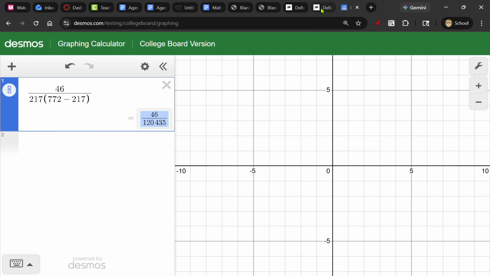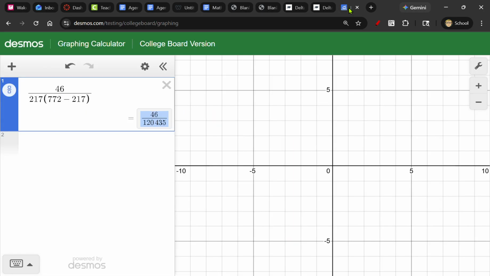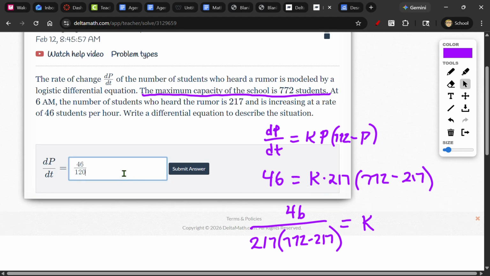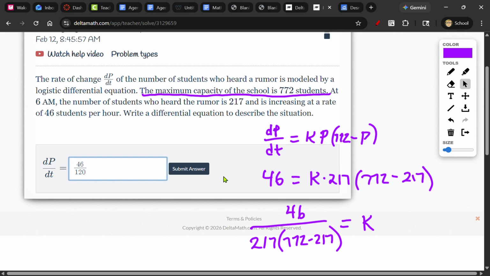46 over 120,435. Wow. Hopefully I did that right. 772. Just making sure that I got all the numbers right in here. 772, 217, yeah. All right. So that means that my k value that I just found is 46 over 120,000 something, 435.